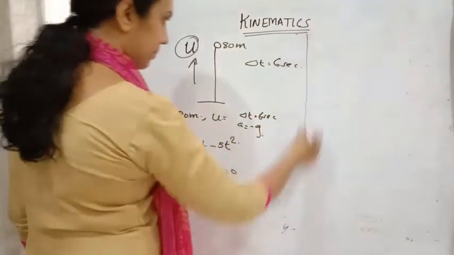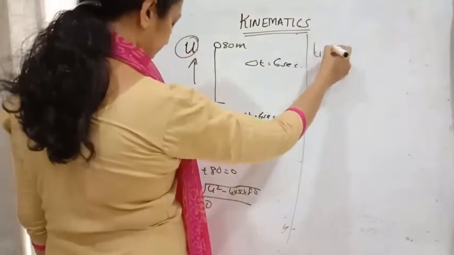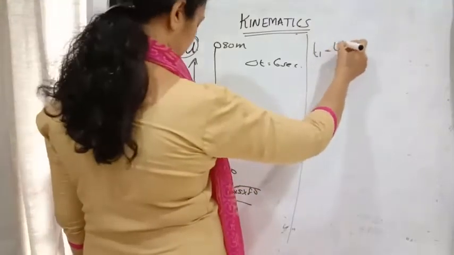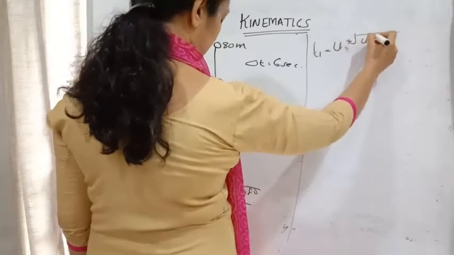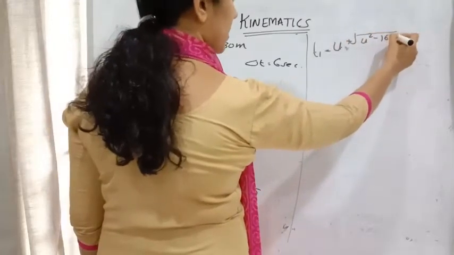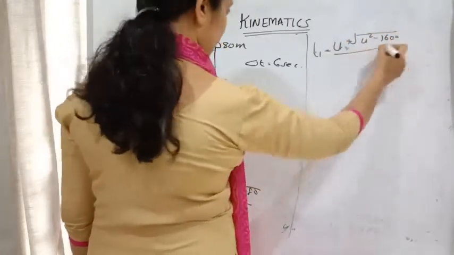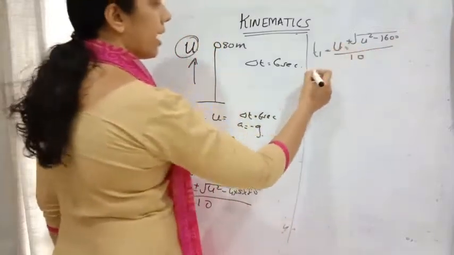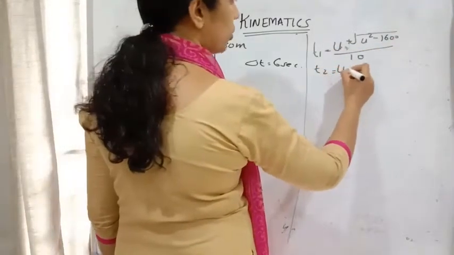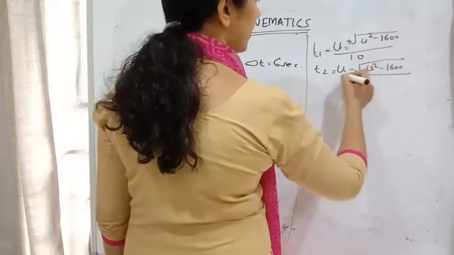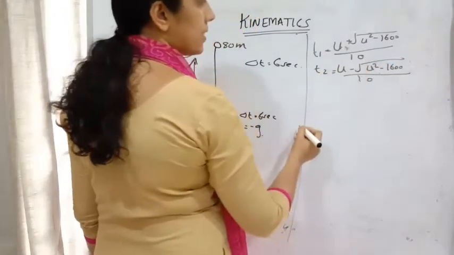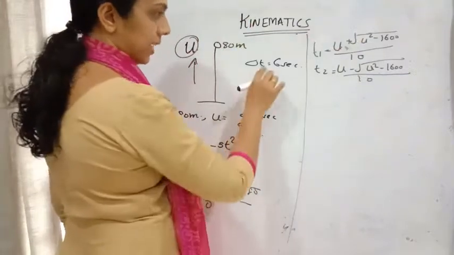Therefore the times we get are u plus root of u square minus 1600 divided by 10, and t2 as u minus root of u square minus 1600 divided by 10. This difference in time will be equal to 6.